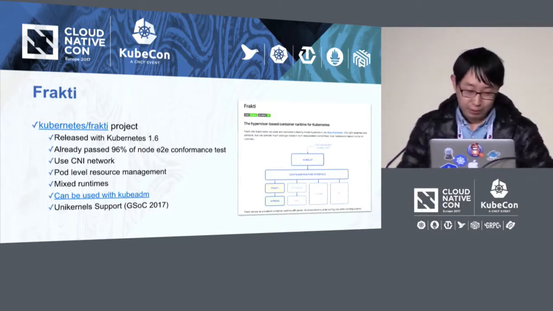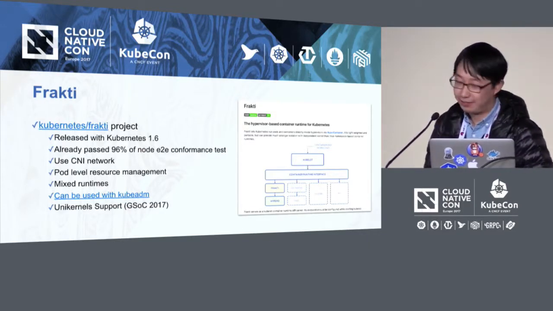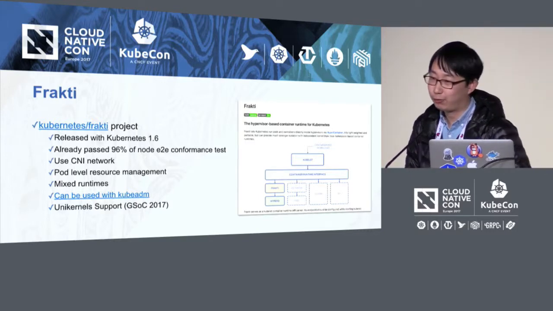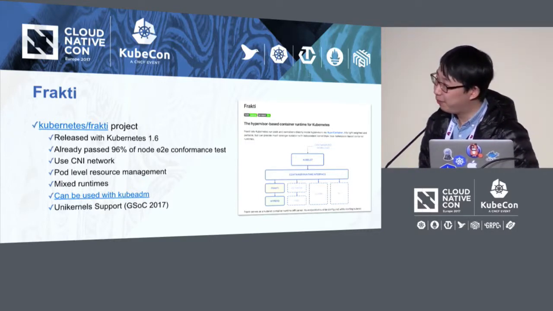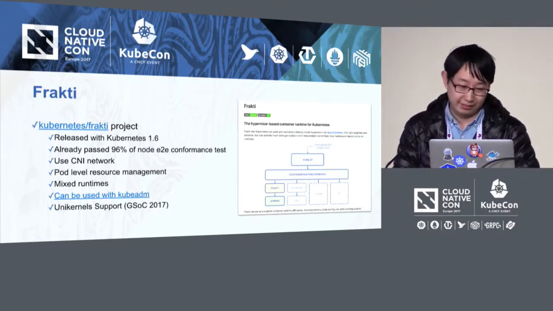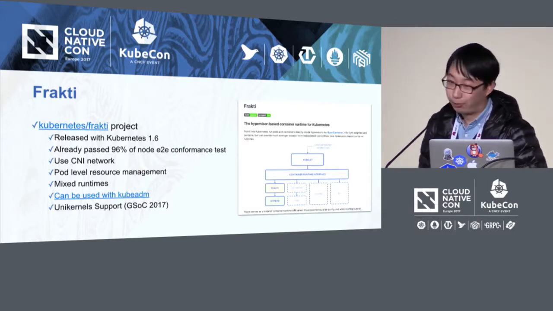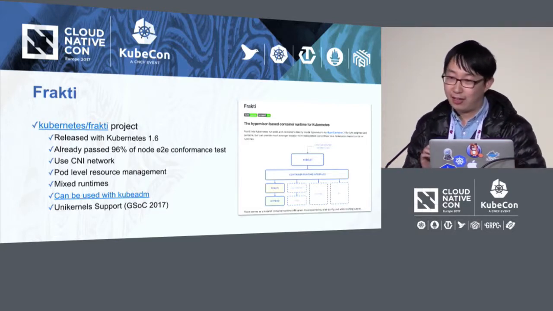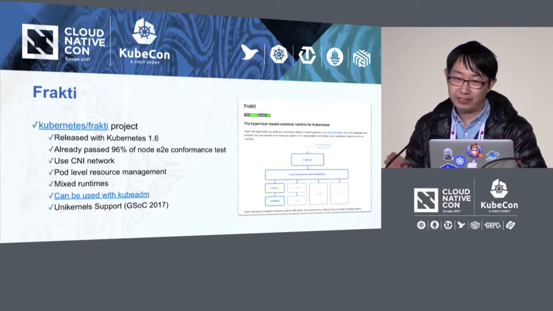That's why we had the Frakti project, which is now an official Kubernetes sub-project and has been released with Kubernetes 1.6. It has already passed 96% of the node end-to-end tests, and in the next few days, we will reach the goal of 100%. And we are using the CNI network here, so everything is exactly the same as you are using today.